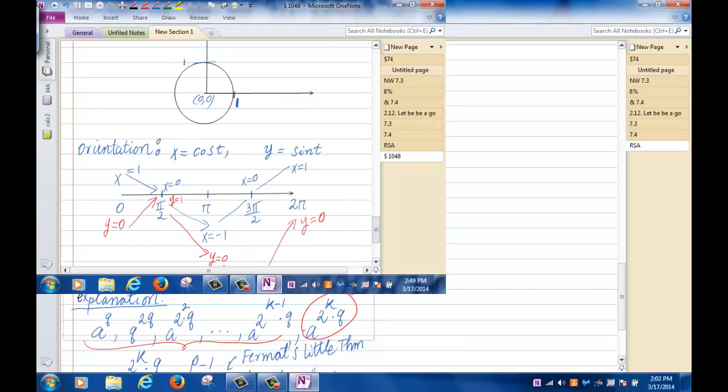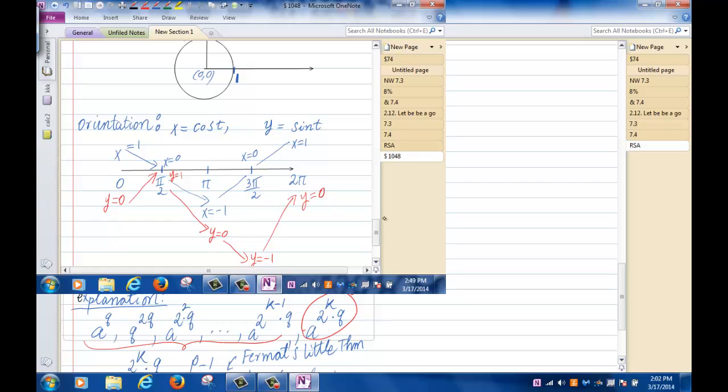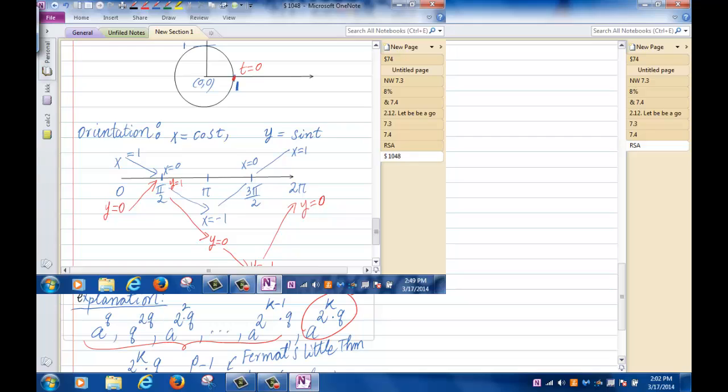So my point is then, look at the circle. At time 0, it's at this point here, right? At time 0, because cosine 0 is 1, sine 0 is 0. So (1, 0) is the initial position at time 0. So how is the curve traced? Notice that as t goes from 0 to pi over 2, the x value goes from 1 to 0. The y value goes from 0 to 1.